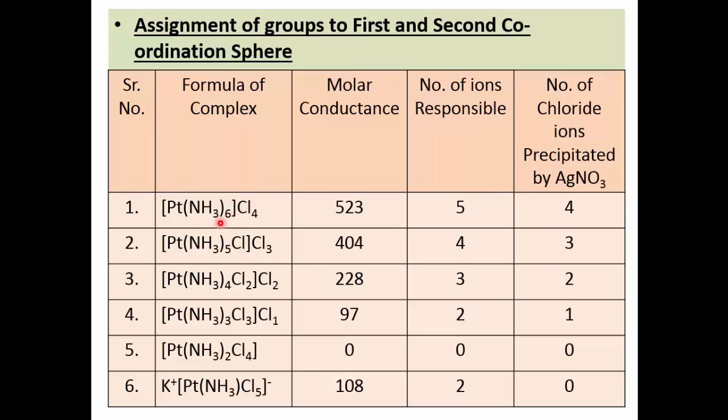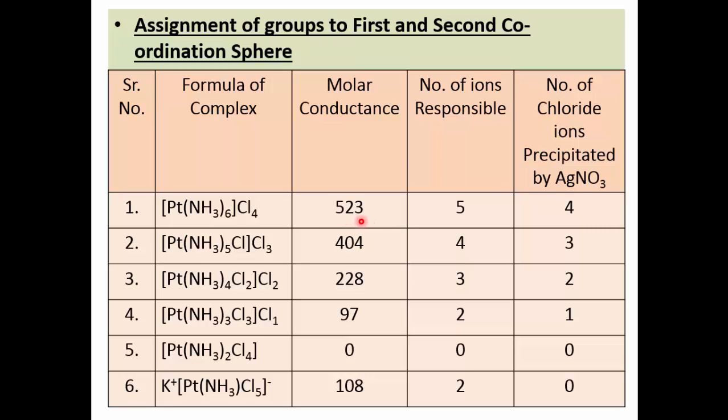So one cation is present in this complex and 4 chloride ions, 4 anions, are present. That means this complex contains 5 ions, and this is proved with the help of a physical method, that is determination of molar conductance value.